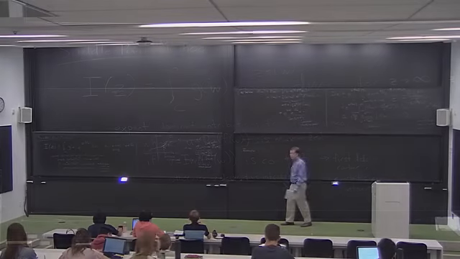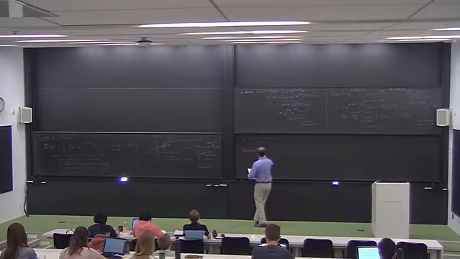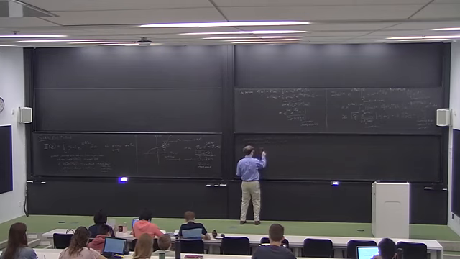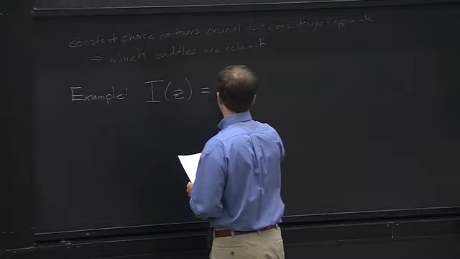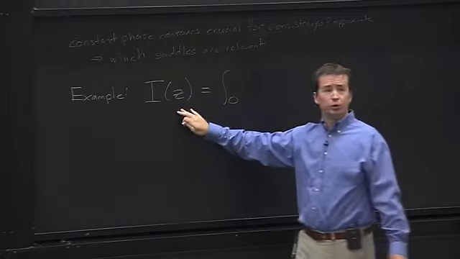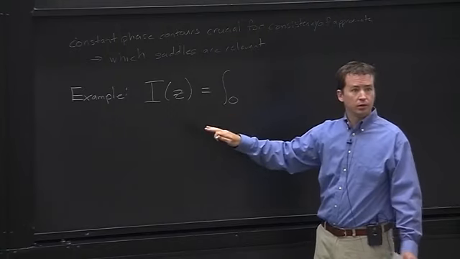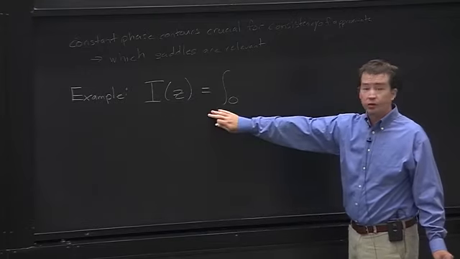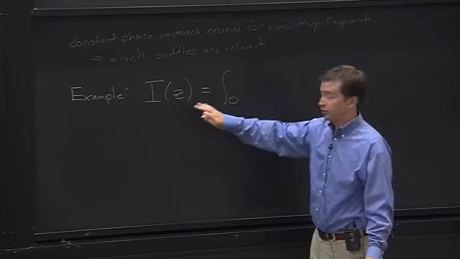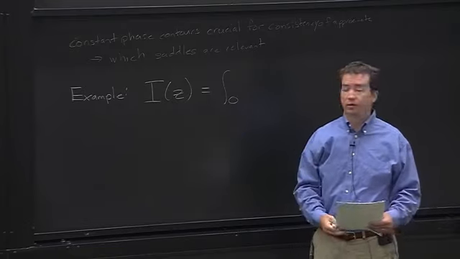Okay. So let's look at a particular example to see how to apply this. And this example will illustrate a couple of neat points, interesting things that can happen when we apply this method.